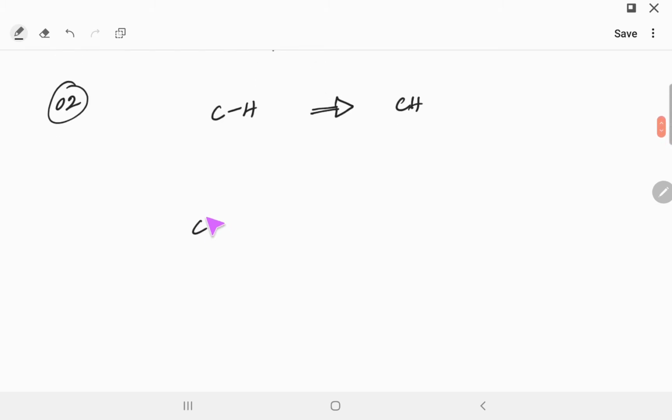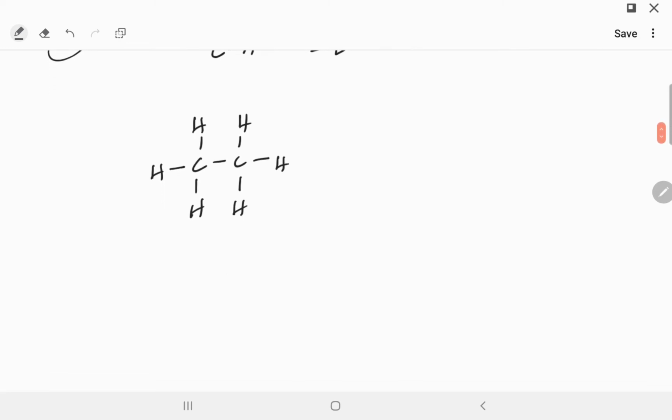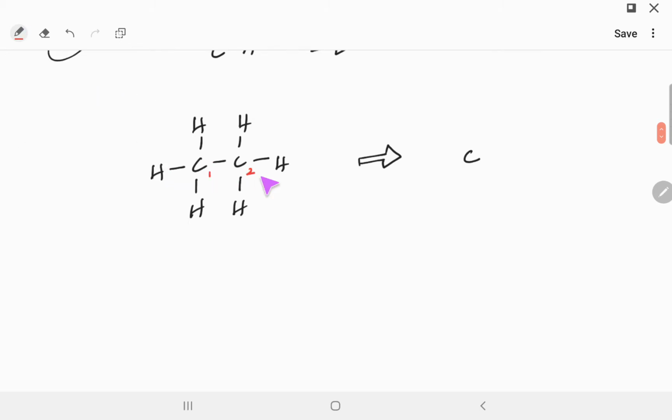Let's say you have a 2 carbon structure. Here is the expanded structure for 2 carbons. Of course, the other 6 bonds are with hydrogens. When you are writing the condensed structure, you write the hydrogens of each of the carbons. Let's say this carbon is carbon number 1, and this carbon is carbon number 2.